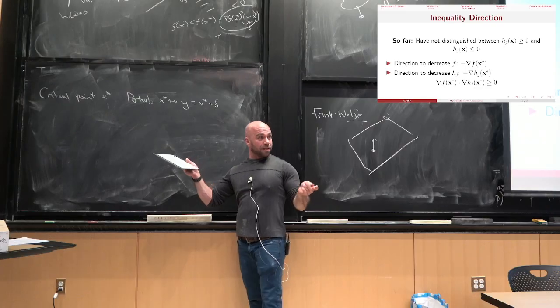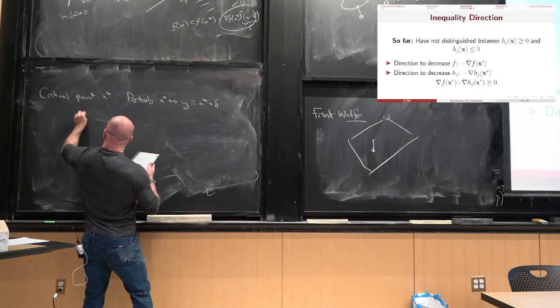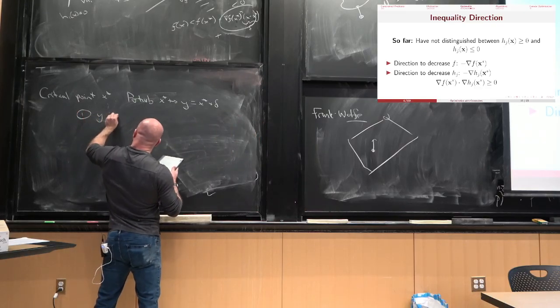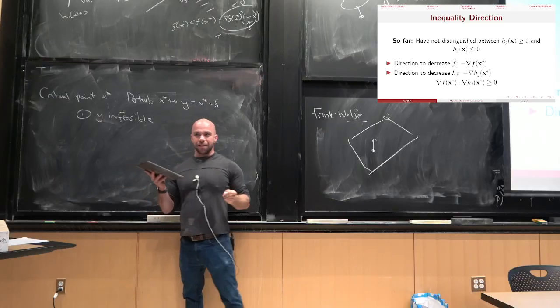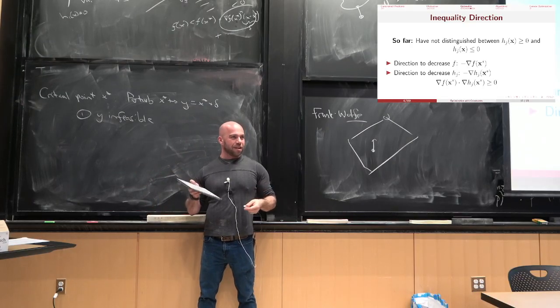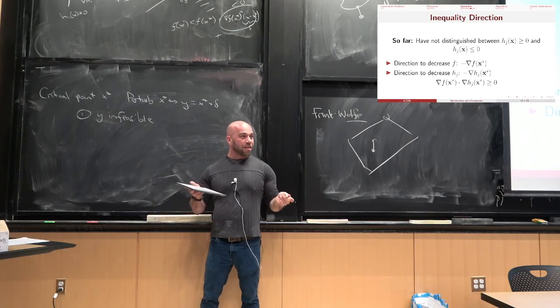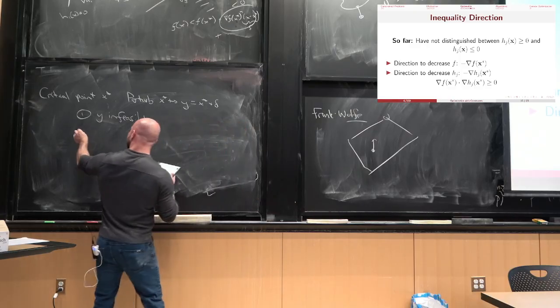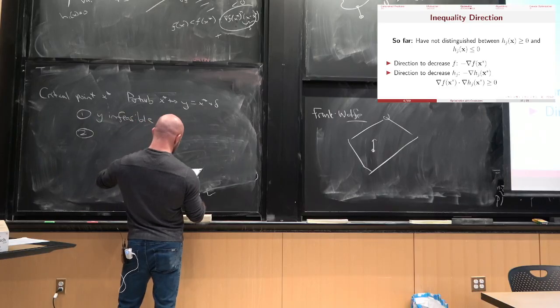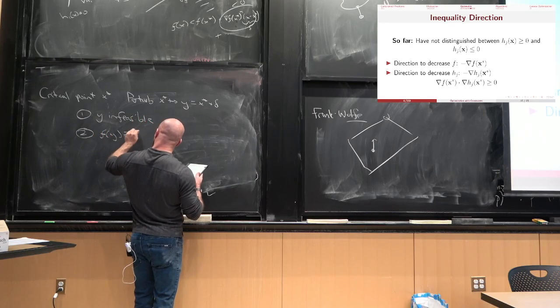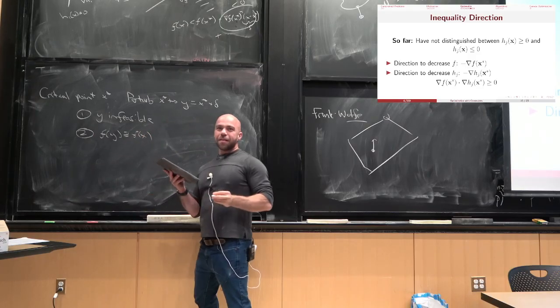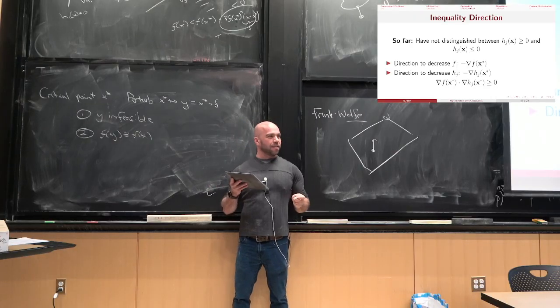Possibly both, but at least one. One is that y is infeasible, meaning I perturbed and I just left the feasible set, in which case it doesn't matter what happens to the value of f. Or y is feasible, but f of y is bigger, right? So this is the condition that I'm trying to translate into math.